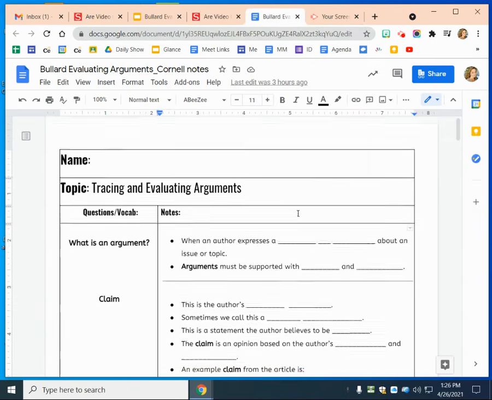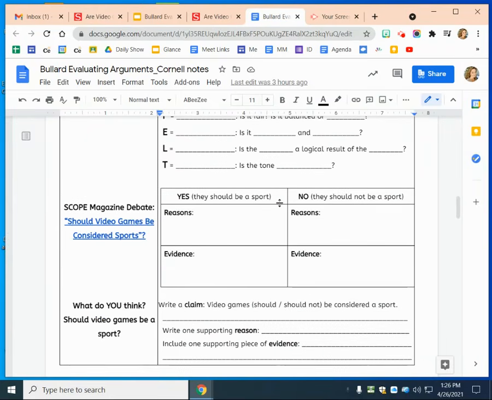And after you've read it, you're going to go back to your notes and finish them with these last two sections. So for the argument that is yes, it should be a sport, tell me the reason or reasons that were given in that argument and a piece of evidence that supports that reason. And for the side of the argument that says no, it should not be a sport, write the reason for that side of the argument and what's the evidence that supported it.